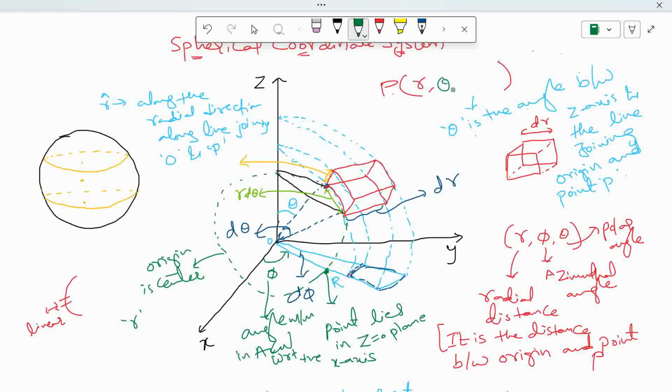So theta will be this, and phi is the third coordinate. Here also please change. Theta, then phi. So phi is the azimuthal angle and theta is the polar angle.